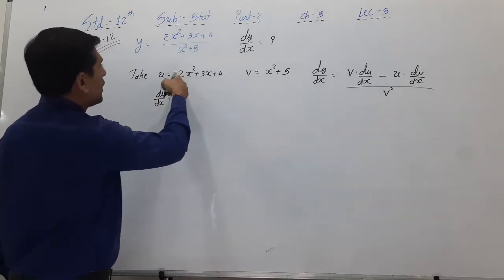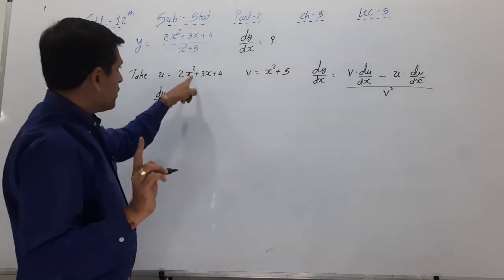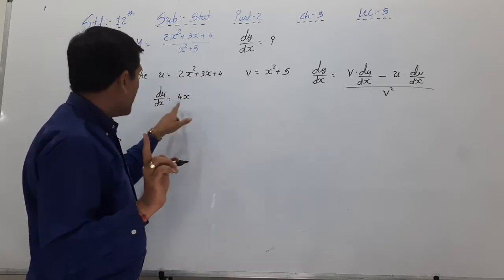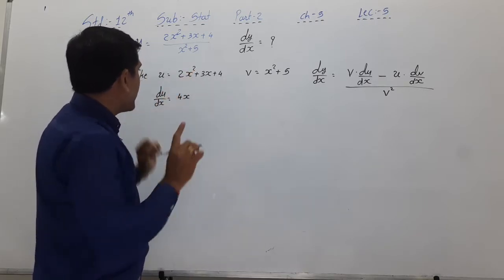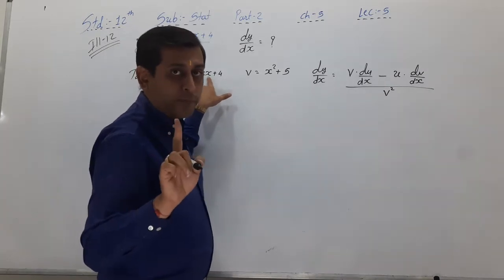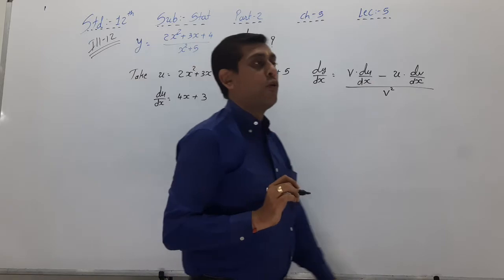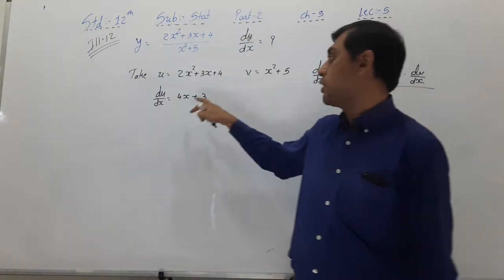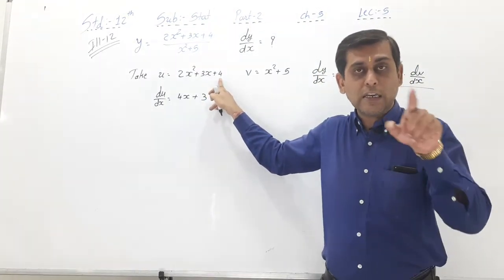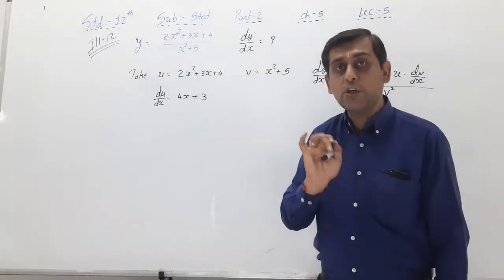Directly, 2 twos are 4, x raised to 2 minus 1, that is x to the power 1, so we don't have to write 1 as a power. That's why the answer is 4x plus 3 into 1. Differentiation of x is 1, so 3 into 1 is 3. So the differentiation of 2x square plus 3x plus 4 is 4x plus 3, because differentiation of 4, a constant, is 0. That's why du by dx is 4x plus 3.